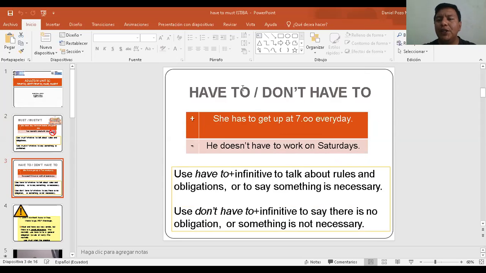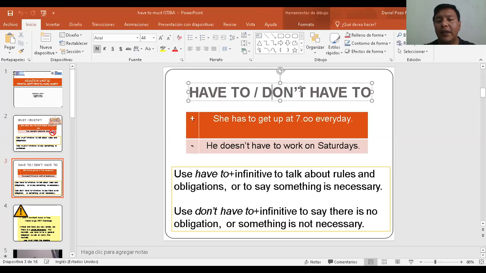Have to and don't have to. Tener que, no tener que. ¿Sí? Entonces pongo como regla general don't, pero recuerden que también tenemos otra formación para la tercera persona, la cual es doesn't, ¿sí?